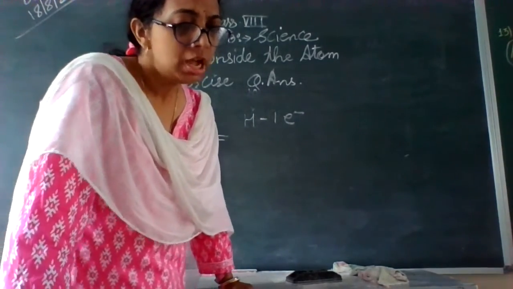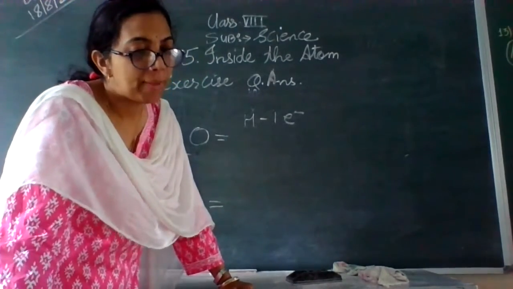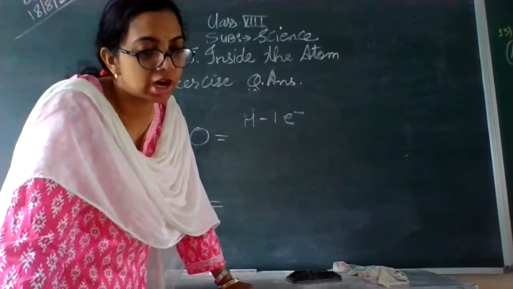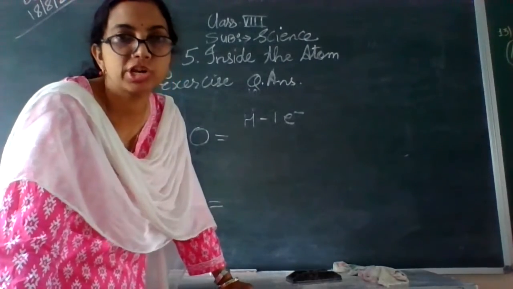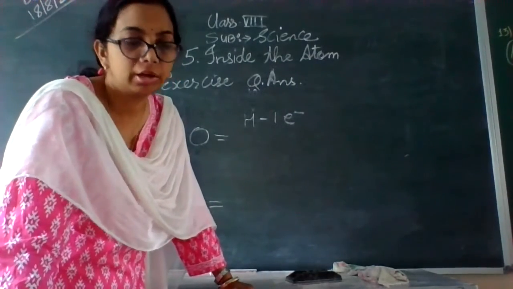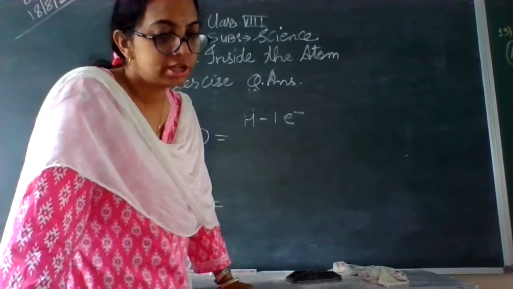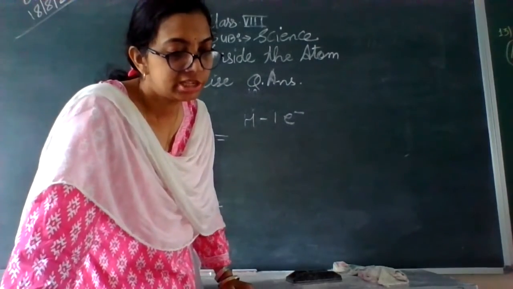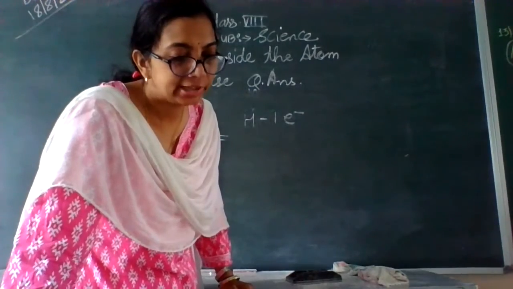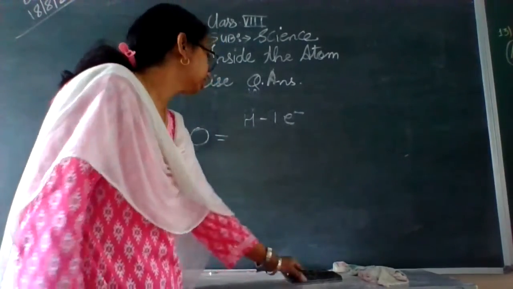Okay. Next question is match the following. Protons positively charged, electrons negatively charged, and neutrons neutral. Very easy to do this. Next, the seventh question is you have to deduce from the datum provided.